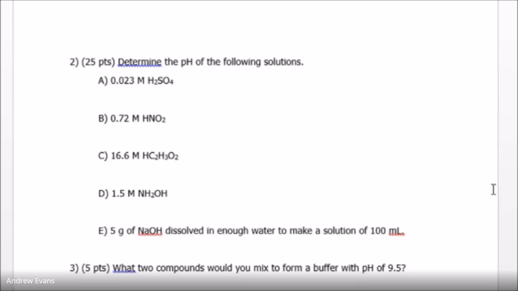Could it be hydrazine, or might it be amide, which is a strong base?